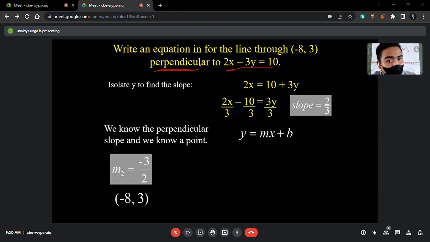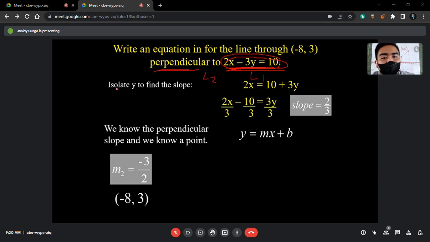Because this is the linear equation, or this is the line. So we are to find the equation of the perpendicular line for this line. It's like this is your line 1, isn't it? So we are going to find the perpendicular line for line 1, which is line 2.